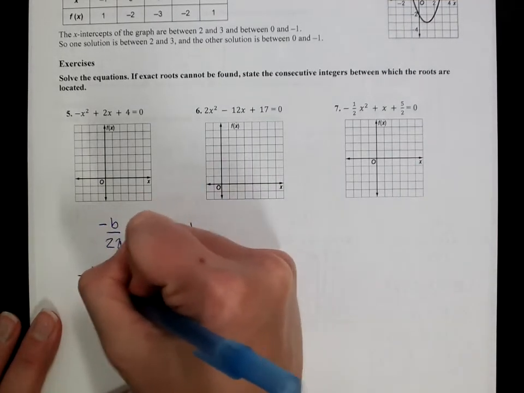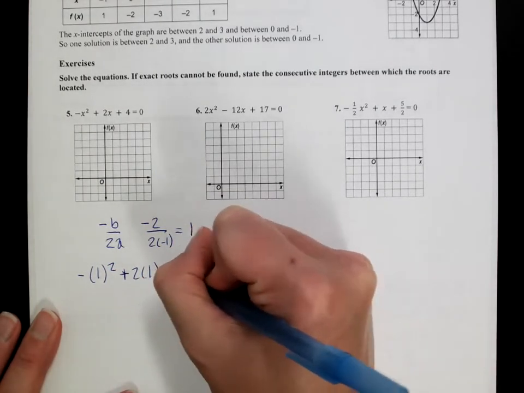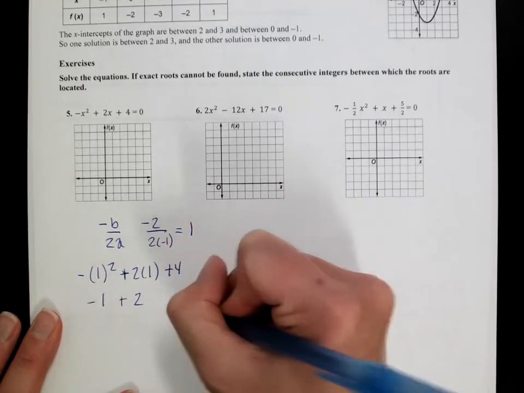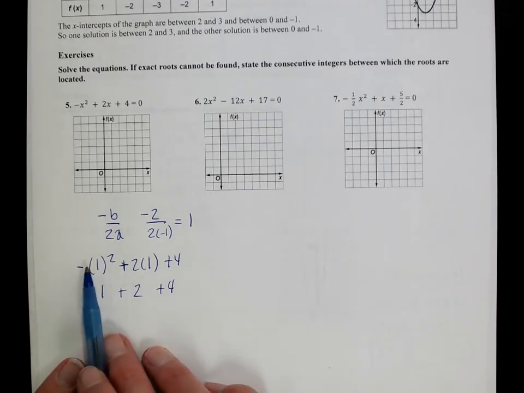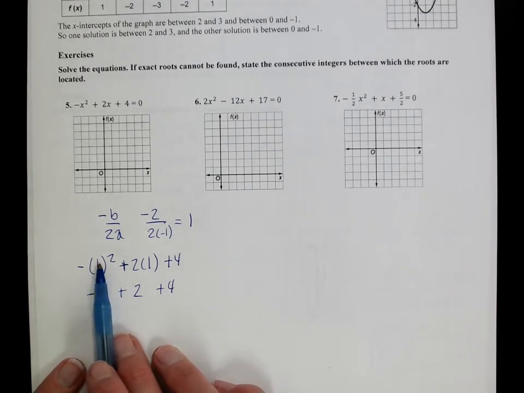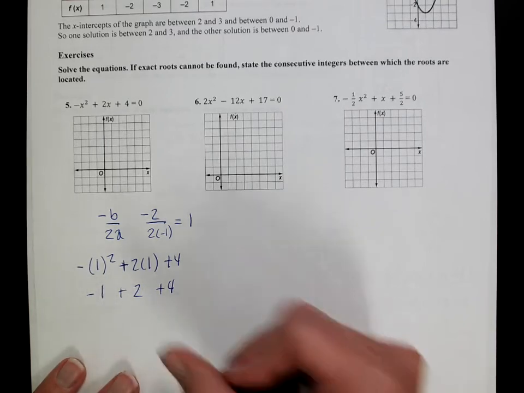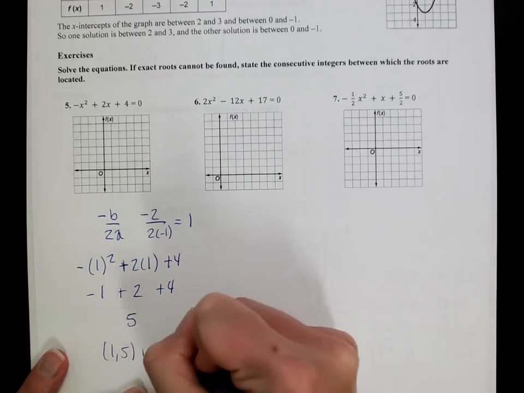Again, plug that in. So that's negative 1 plus 2 plus 4. Notice that this is still negative 1 because the negative's outside the parentheses. You're going to square the 1 and then make that answer negative. Okay, so 2 plus 4 is 6, minus 1 is 5. So the point (1, 5) is the vertex.